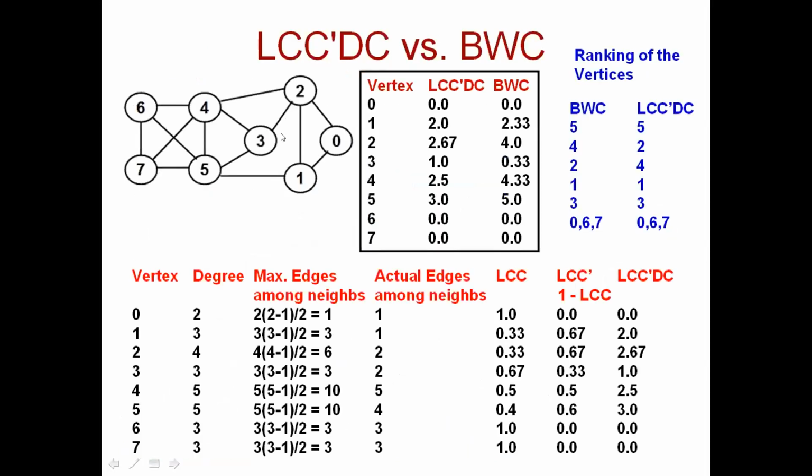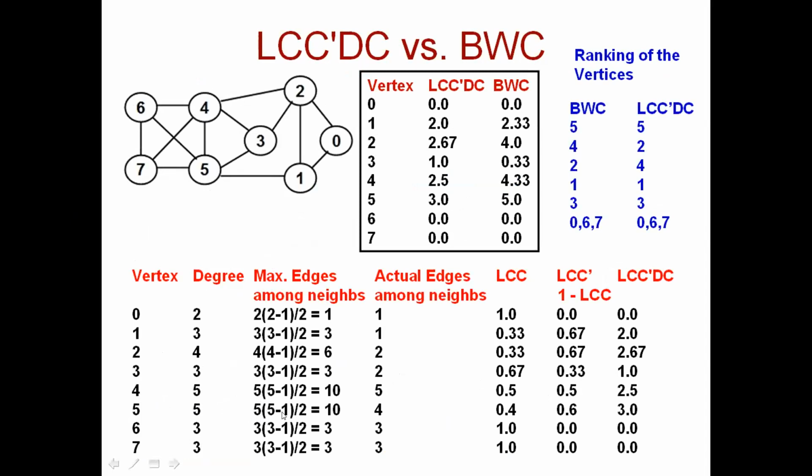So let's go through this example to calculate this LCC. So given this graph, the degree of the vertices. So for example, let's pick up node 5. It has 5 neighbors. And so the maximum number of edges connecting those 5 neighbors can be 5 times 5 minus 1 over 2.